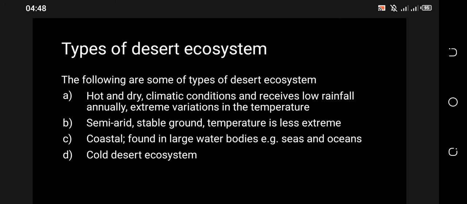Stable ground, so temperature is less extreme, unlike in hot and dry desert ecosystem. On semi-arid, the best example of this kind of desert ecosystem is the Great Basin, which gets a good amount of rainfall.